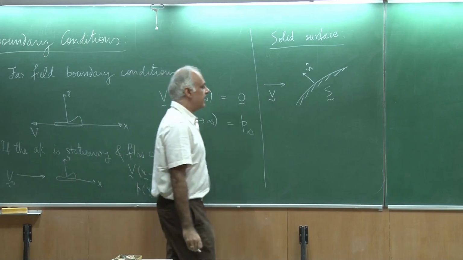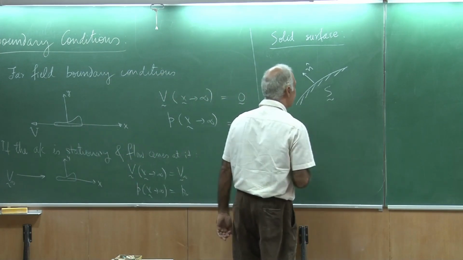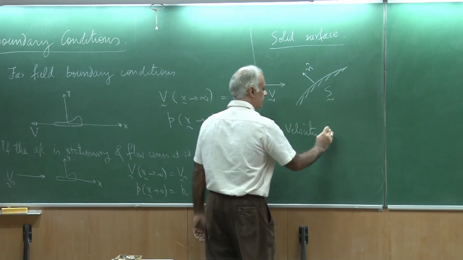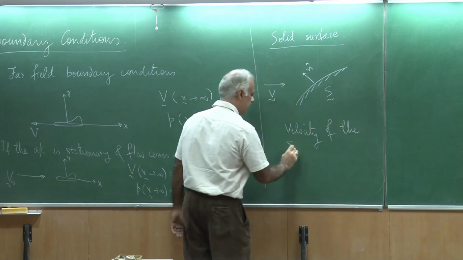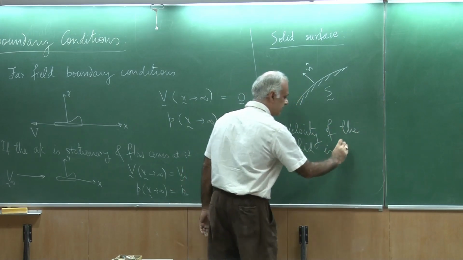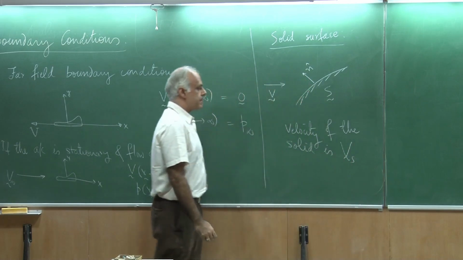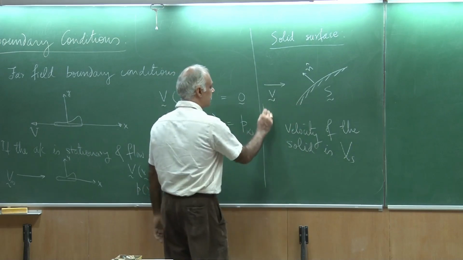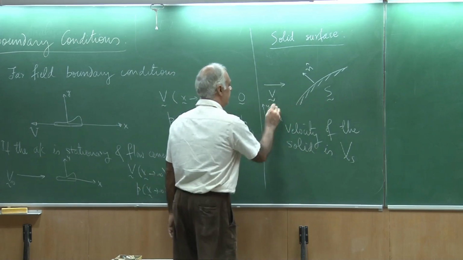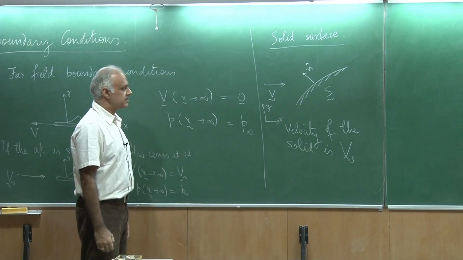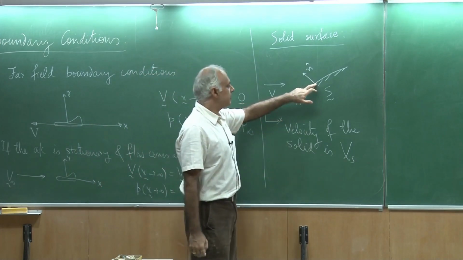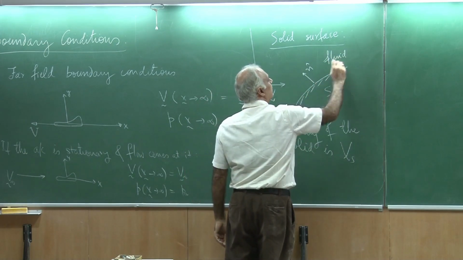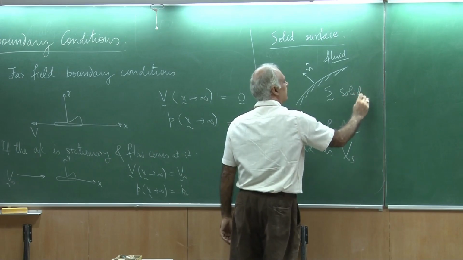I could also imagine that the solid itself is moving, so the velocity of the solid is Vs, and it could be in any arbitrary direction. So I could put a coordinate system here as x and y. So what should happen at the interface of the solid and the fluid? Mind you, this is the fluid and this is the solid.